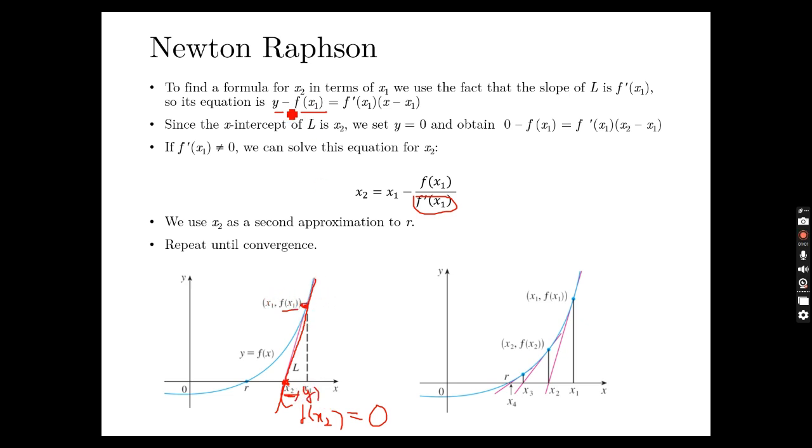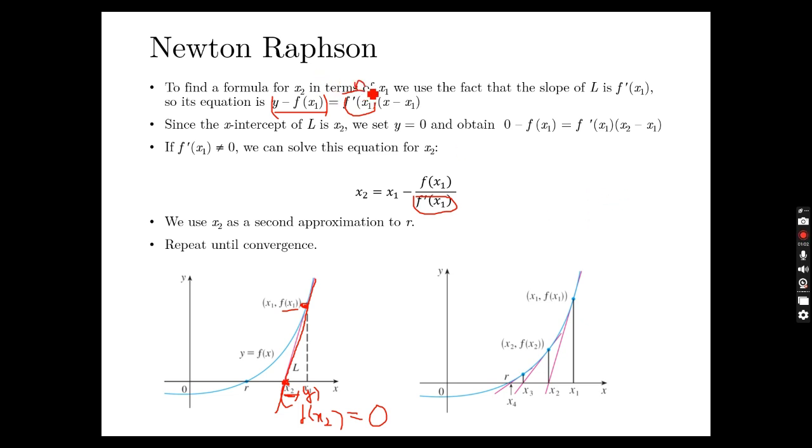So I write the equation of line between these 2 points. The formula of a line is (y2 minus y1) divided by (x2 minus x1) is equal to m, right?